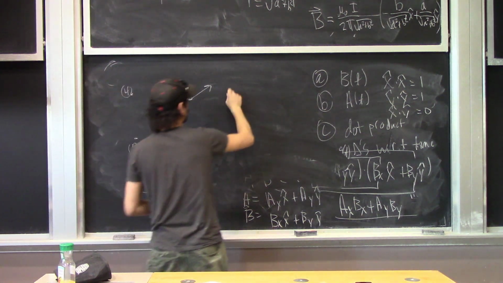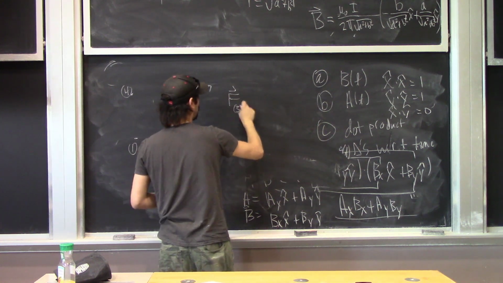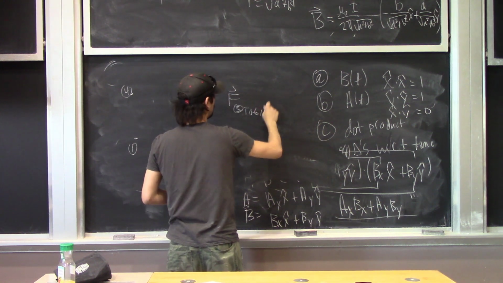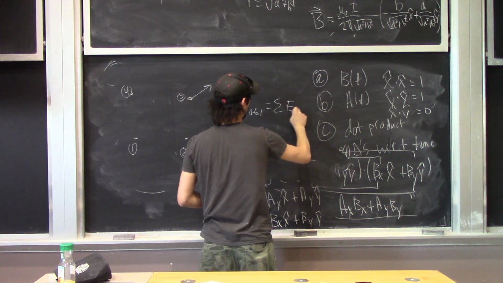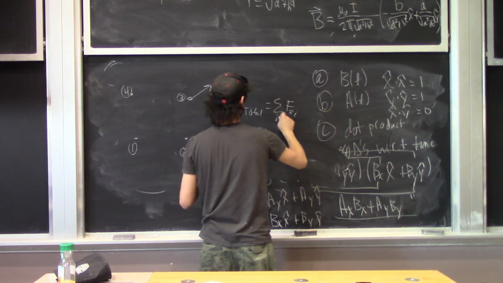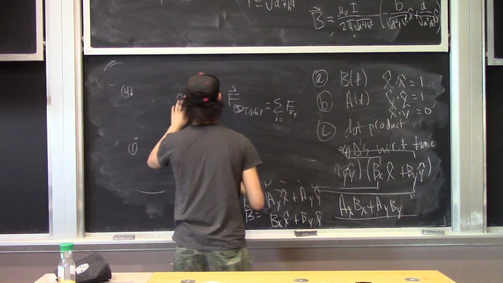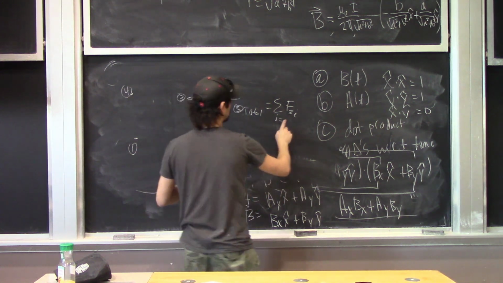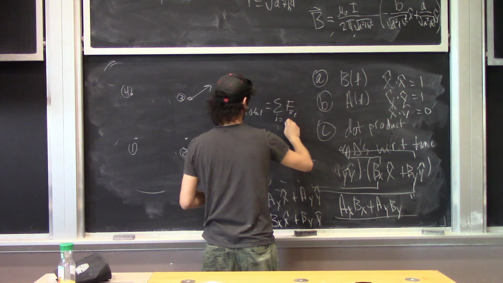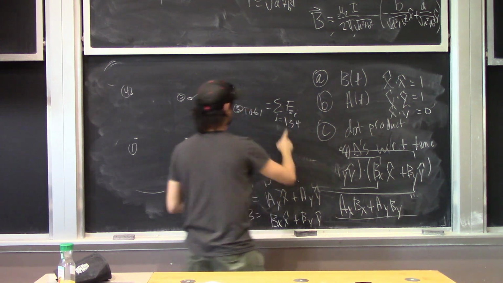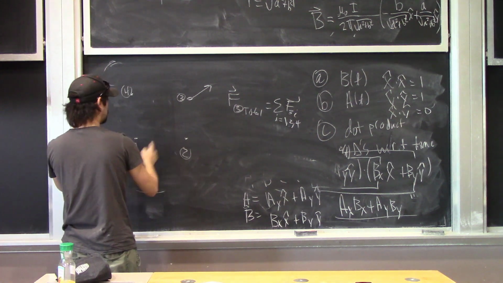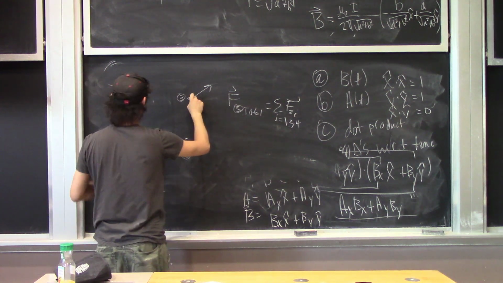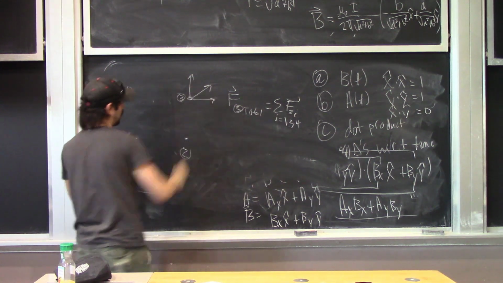So we want to find the total force F3 total. This is equal to the sum of the forces that act on 3. So this is F3i, where i is equal to 1, 2, and 4. Okay. So that's just to add the force that 1 acts on this one, the force that 4 acts on this one, the force that this one acts on this one.